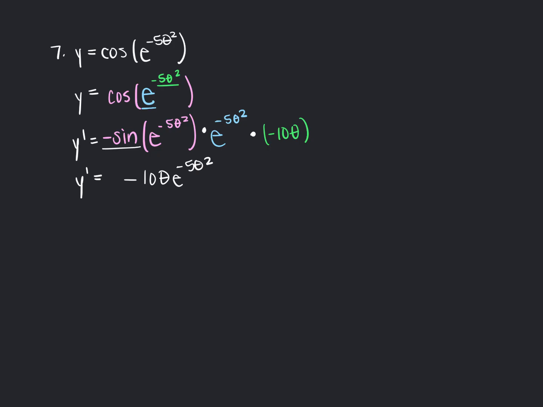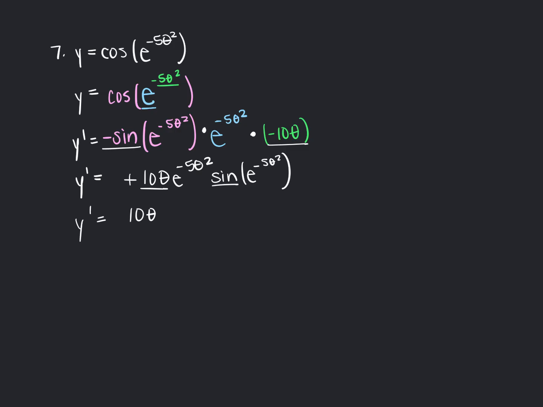And since this is a negative sign times a negative 10 theta, it's actually going to be a positive number, so I should have made that positive. So times sine of e to the negative 5 theta squared. Now we're going to represent our answer with only positive exponents. So what stays up top? 10 theta stays up top.